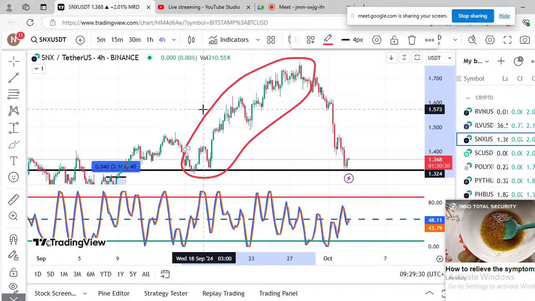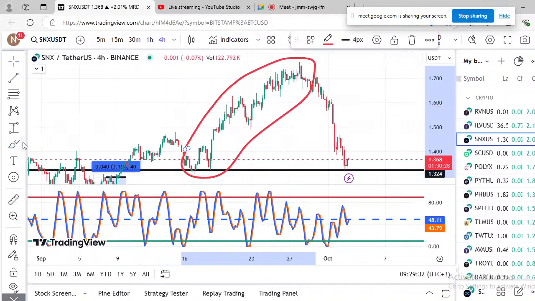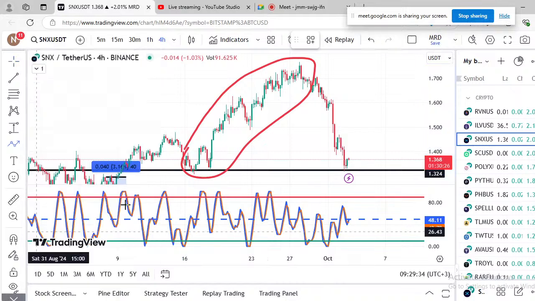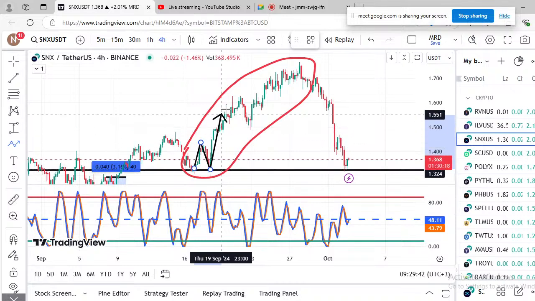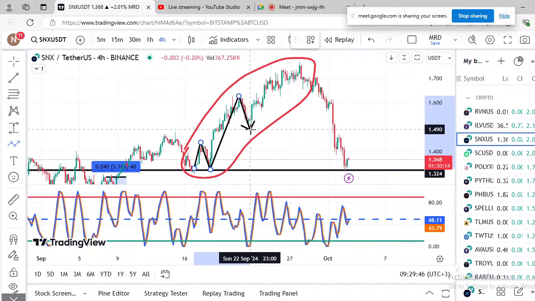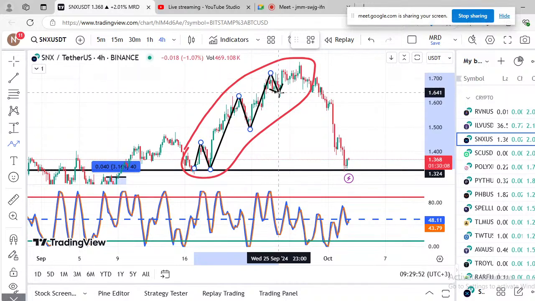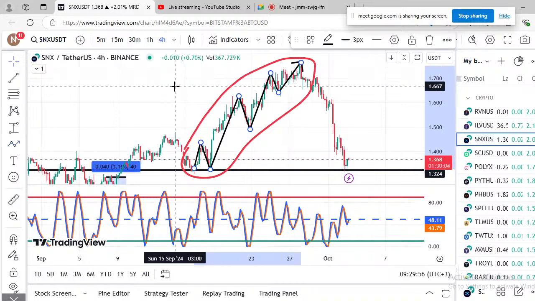So, in uptrend, where do we need to trade? We move 1, 2, testing our support. 3, we move here. It was our first higher low, meaning it was our first entry. We move. It was like that. We stop from there.